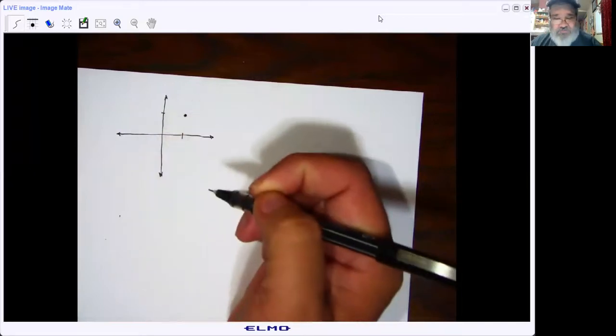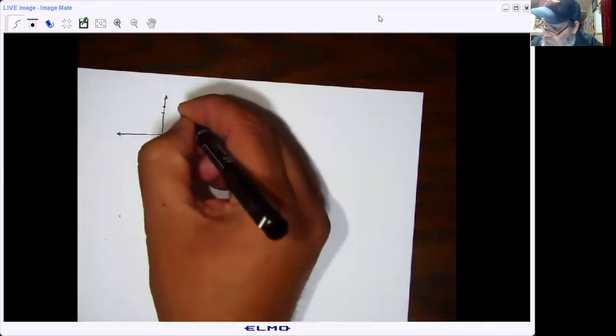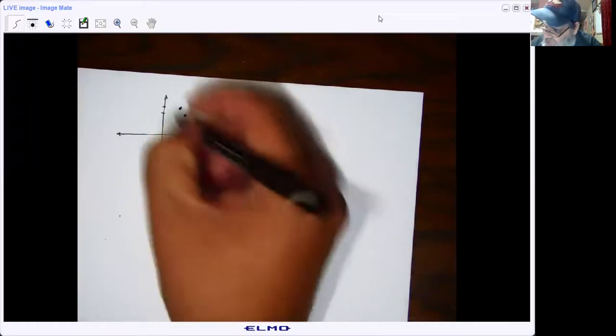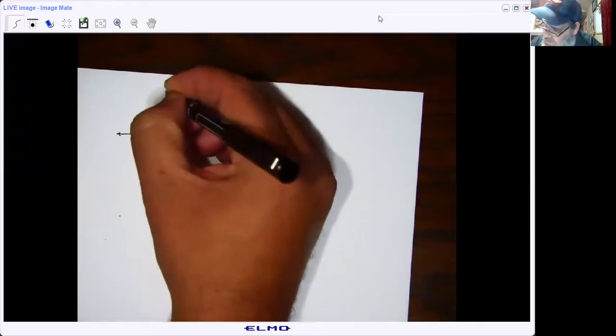That's our first point. Then we have 4 and 8. That's a point. We have 5 and 10. Put 10 up here.